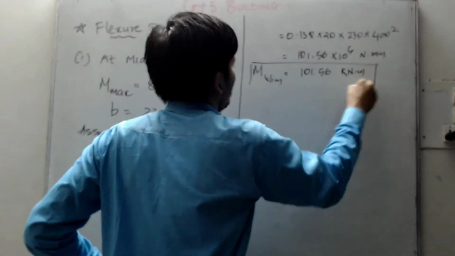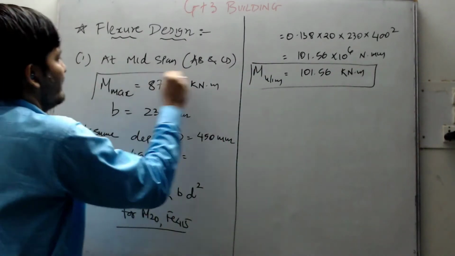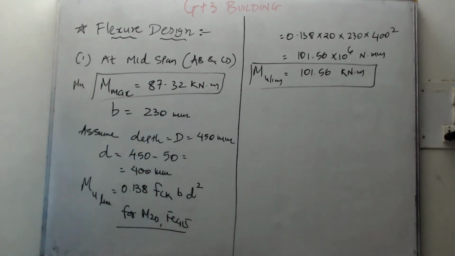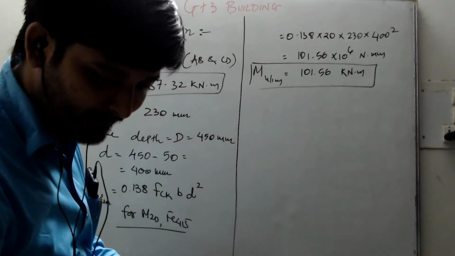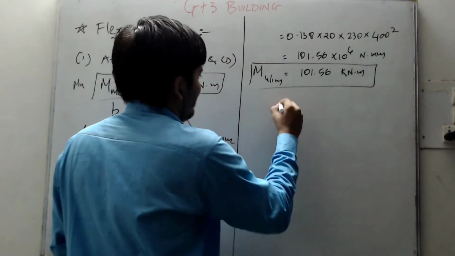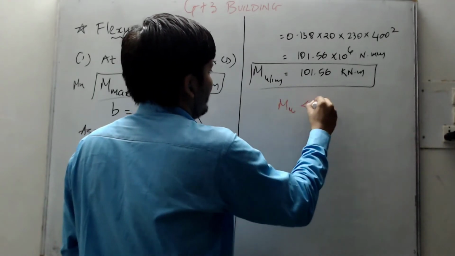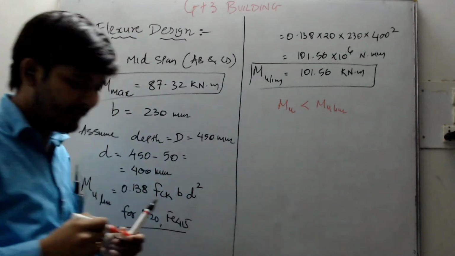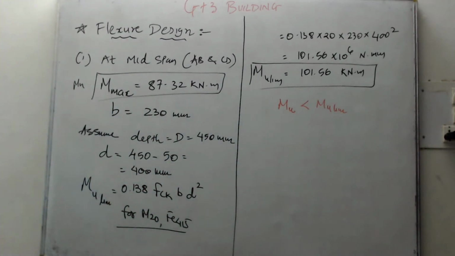So we have two moments: the maximum moment, also called Mu, and the limiting bending moment. Here we have a case of Mu less than Mu limiting. When Mu is less than Mu limiting, it is called a singly reinforced beam.